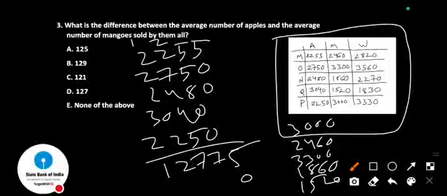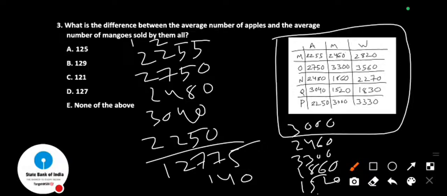Sum of all these gets the value of 0. This will be 6 plus 2, 8, 8 plus 6, 14, 5 plus 3, 8, 8 and 8, 16, 16 plus 5, 21.